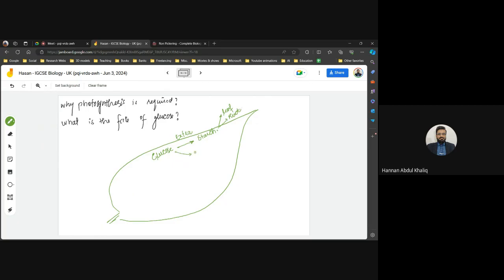We also use the glucose to make the cellulose, obviously in the cell wall.